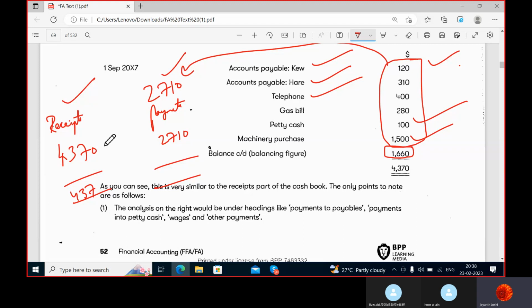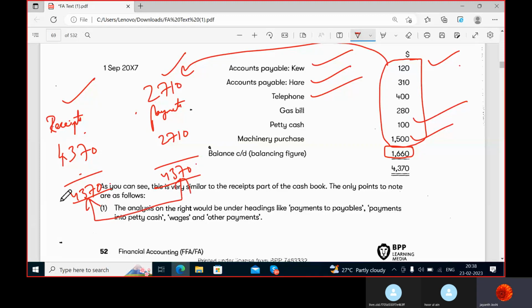So what you have to do is take the higher total on both sides. 4370 here and 4370. Why? Because the receipt total should always be equal to the payment total. I cannot take 2710 here and 2710 there. Why? Because I need to show these two accounts are equal, for tallying them.